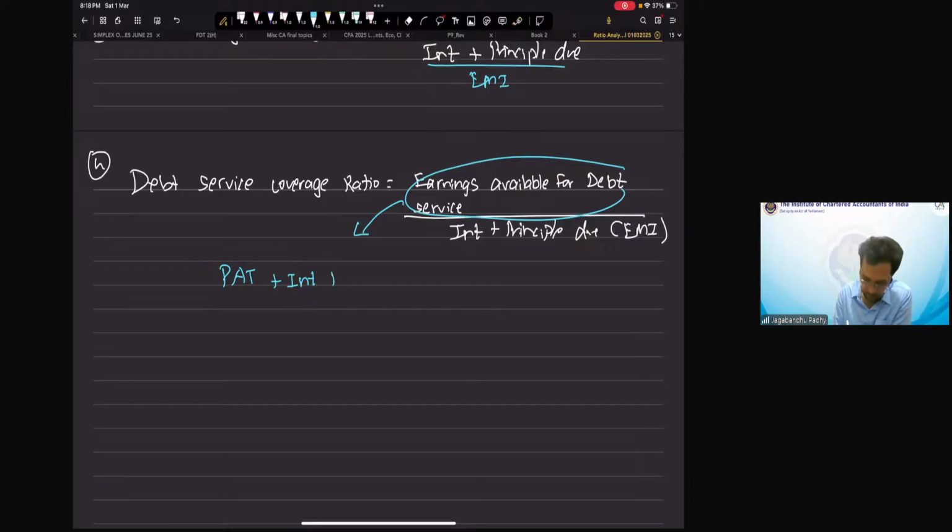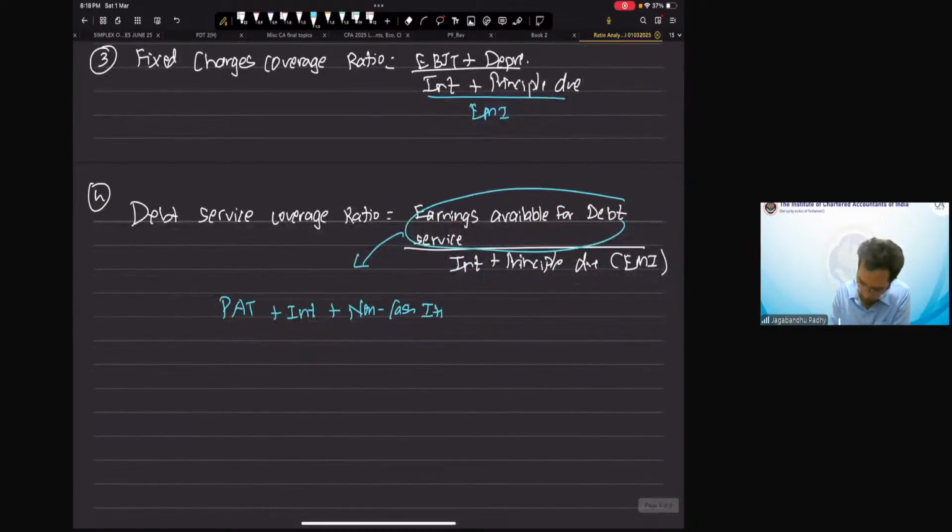Plus, we have non-cash items. When I say non-cash items, it's actually the depreciation that we are talking of. And then, plus or minus, we adjust the non-operating items. So PAT plus interest plus non-cash items, plus or minus any non-operating items.